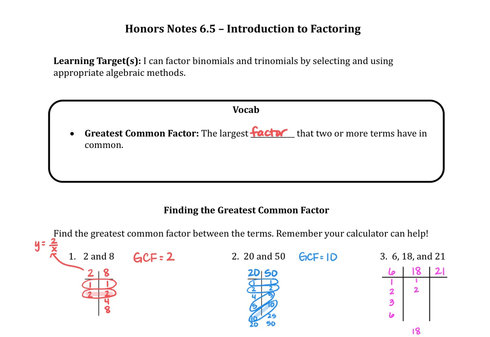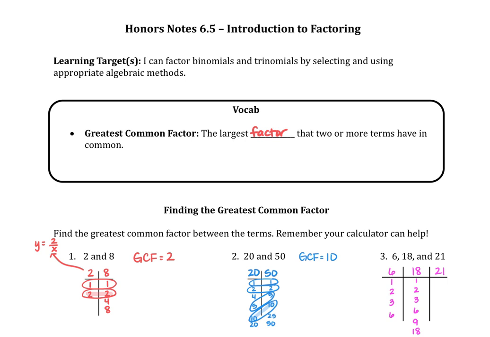I could do 2 times 9. And I can do 3 times 6. Remember, once I get down to these two numbers, if the values in between them are not factors, I know I've finished. 4 and 5 are not factors of 18, so I can stop there.